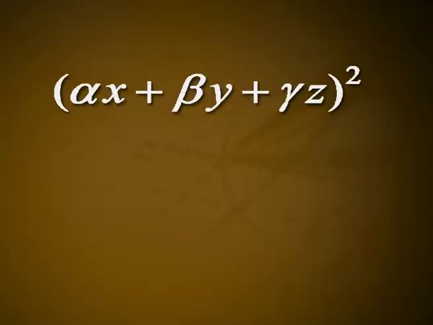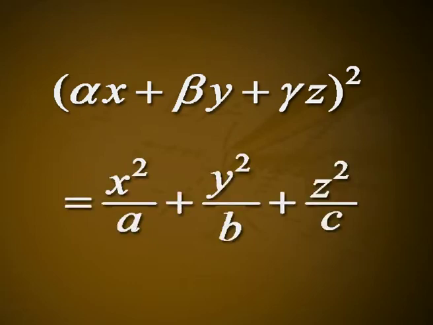Example 2. Tangent planes are drawn to the conicoid ax square plus by square plus cz square is equal to 1 through alpha, beta, gamma. Show that the perpendiculars from the center of the conicoid to these planes generate the cone alpha x plus beta y plus gamma z whole square is equal to x square by a plus y square by b plus z square by c.